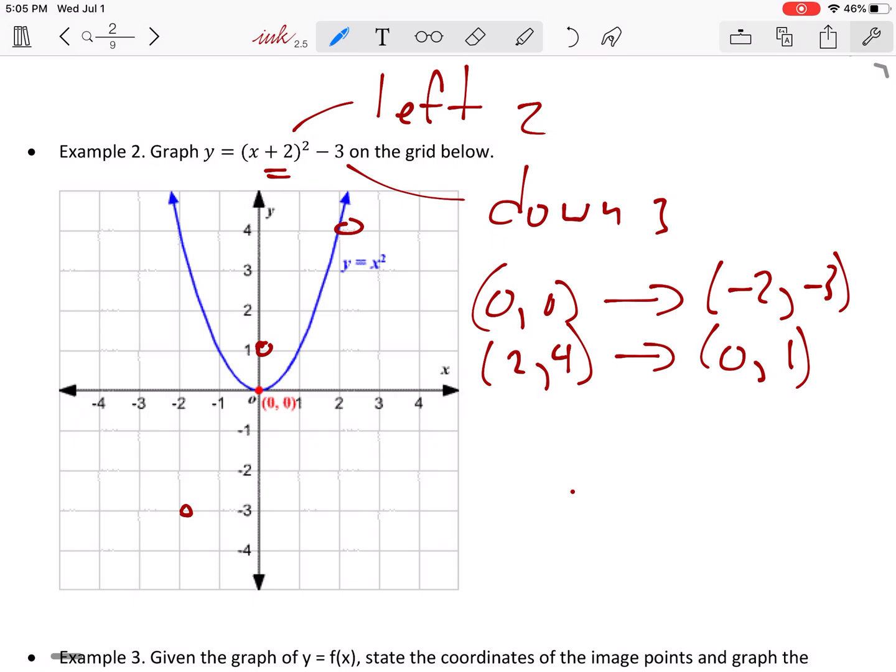Okay, here's another coordinate over here, negative 2 and 4. So that's going to become negative 4 and 1. Okay, so negative 4, 1. Okay, so there's 3 coordinates, and now we can draw the object here.